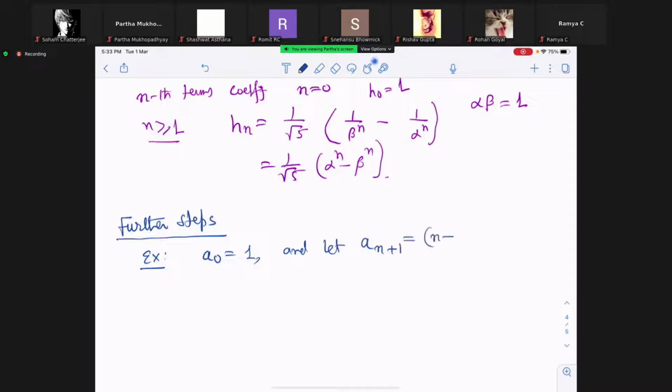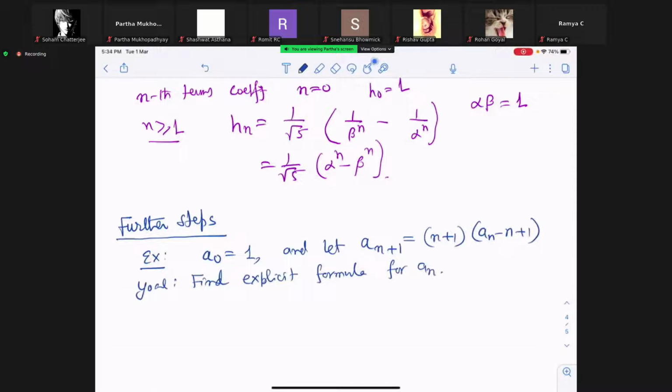An plus 1 is, let's say, n plus 1 whole, find an explicit formula for A. So this is a new type of generating function that I gave you.